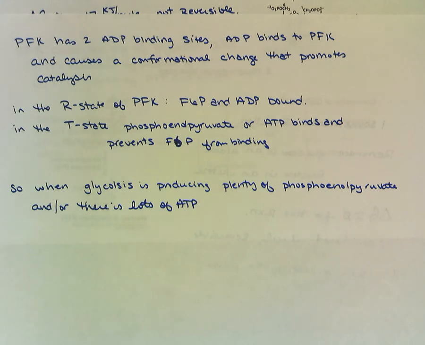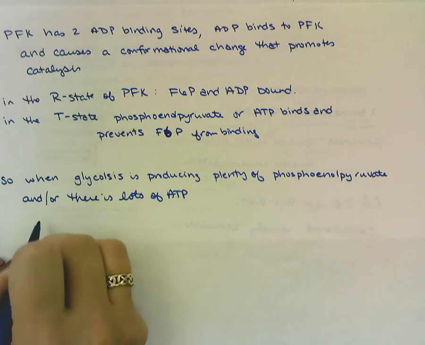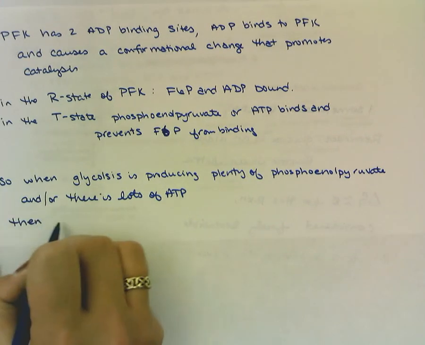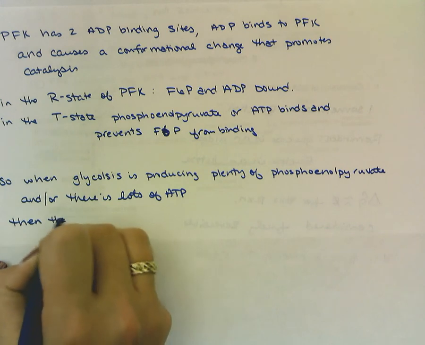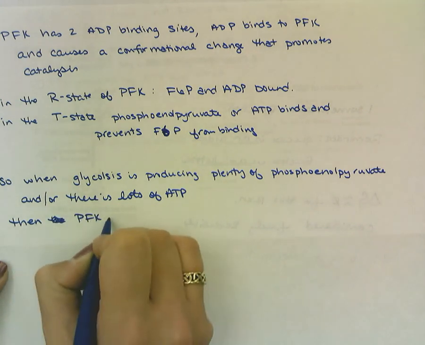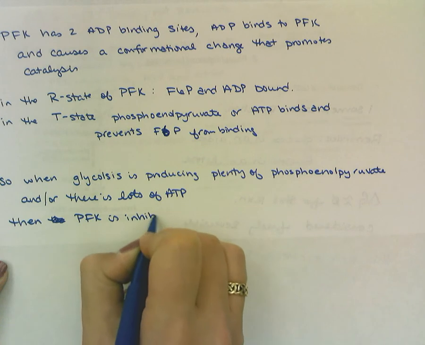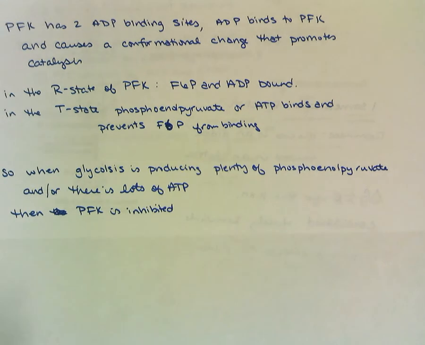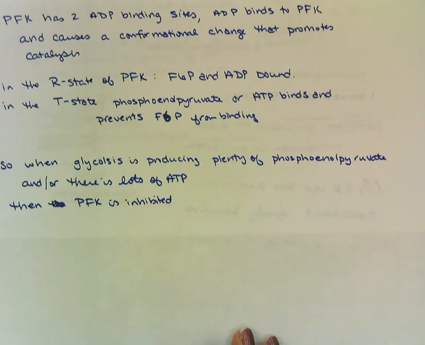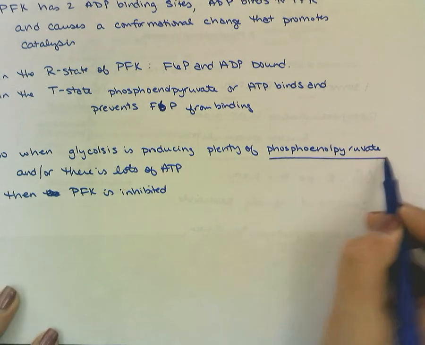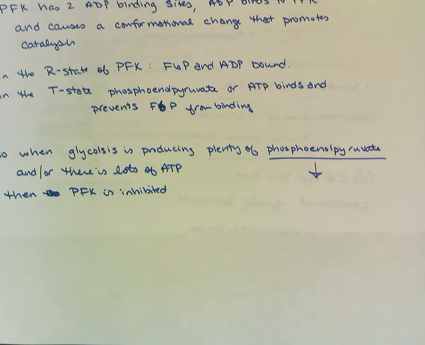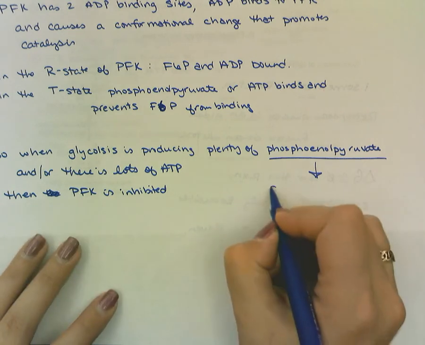So if there's already a lot of ATP, then PFK is inhibited. So what we call, in this case, phosphoenolpyruvate is a feedback inhibitor.